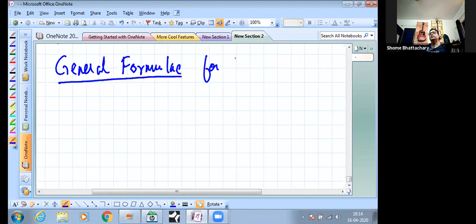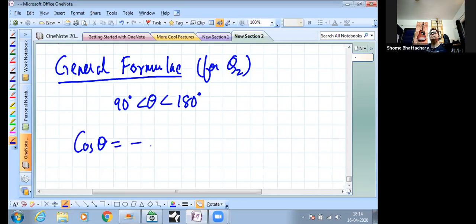For second quadrant, that is theta being greater than 90, less than 180, becomes like this, that cos theta is minus of cos alpha, and alpha, remember, was what? It was 180 minus theta. So we'll directly write it as 180 minus theta.